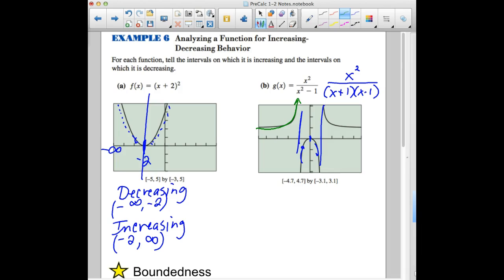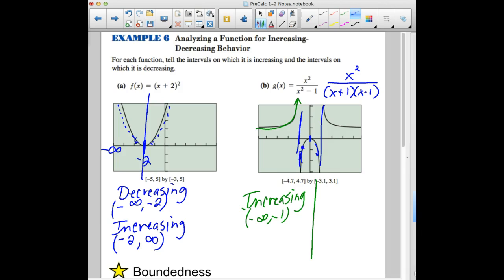Okay? So taking our pieces, the leftmost piece, what is this doing? It is increasing. Yes, as you go from left to right, it's increasing. So we say increasing from -infinity to -1. And then there's a break in my graph. Okay, so now I'm going to look at my next piece.